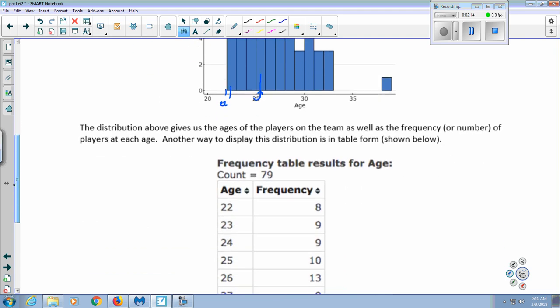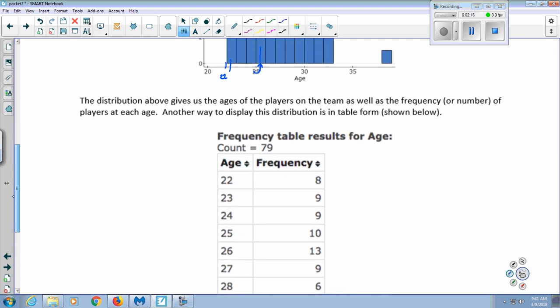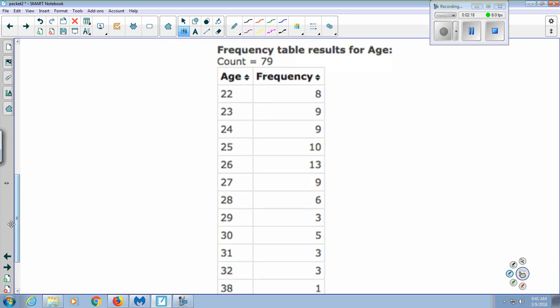Okay. So another way to show the same histogram is to show it in table form. And then we can ask other questions, like what proportion of the players are 22 years old? So we know altogether there are 79 players, and 8 of them are 22.